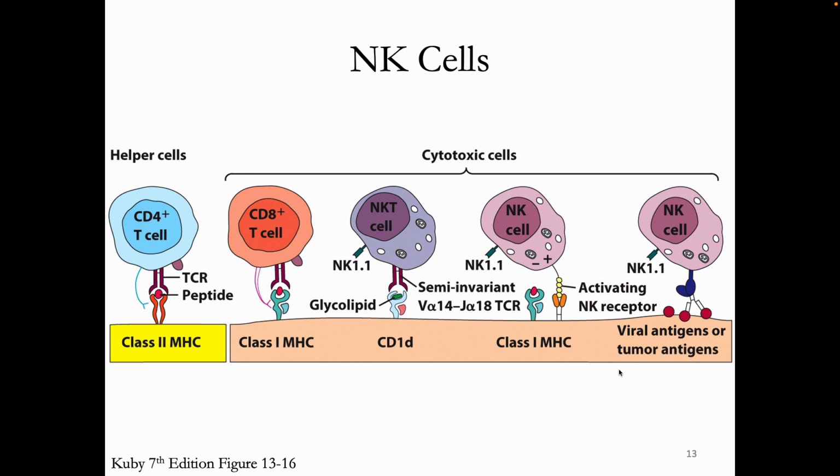With innate, we see the same response every time. And with the innate, we usually had cells of the myeloid lineage, whereas with adaptive, we usually have cells of the lymphoid lineage.